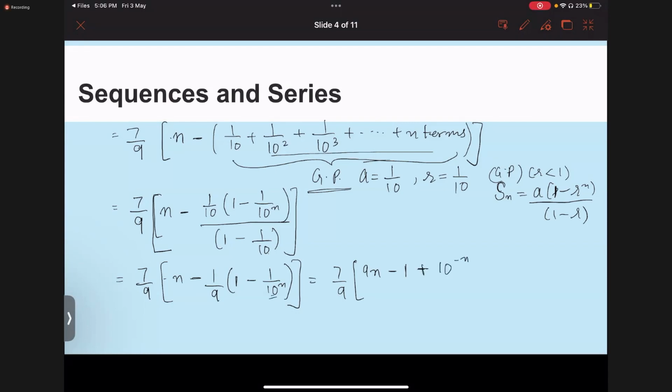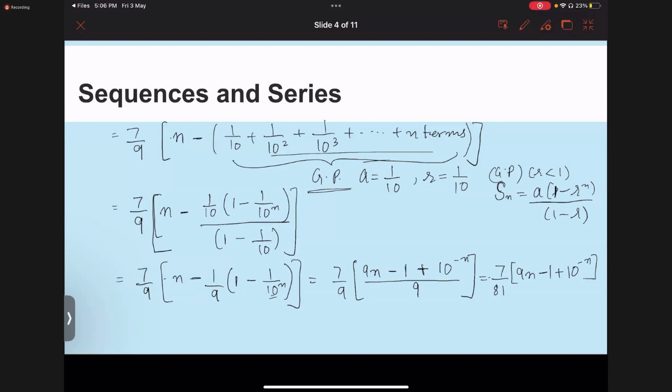Okay, so you just take this to your numerator and the whole thing divided by 9 again. So this then becomes 7 by 81. If you take 9 outside, you are left with 9n minus 1 plus 10 raised to minus n.